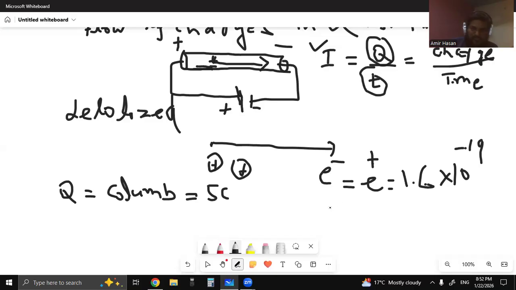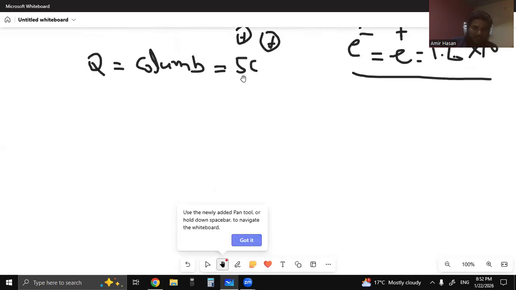It is constant, and we basically represent charge in coulombs, like 5 coulombs or 10 coulombs.